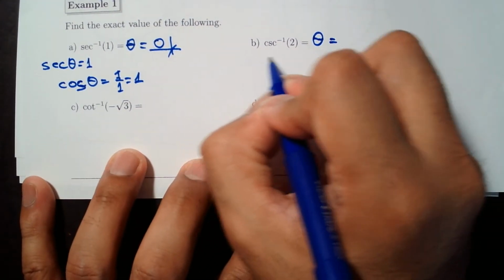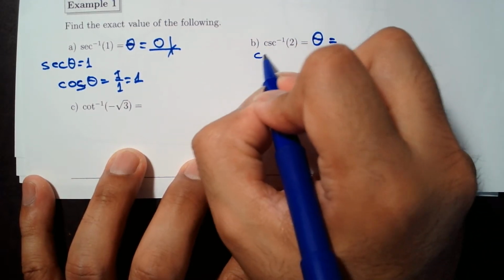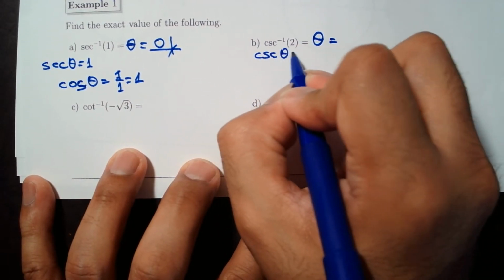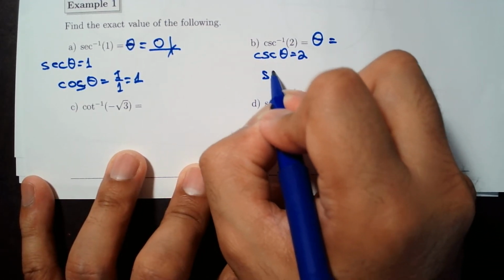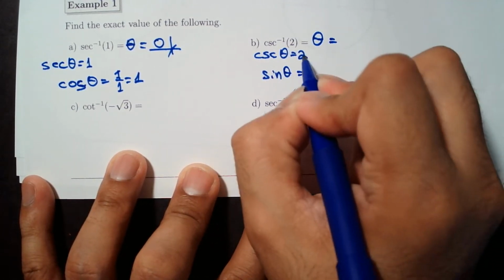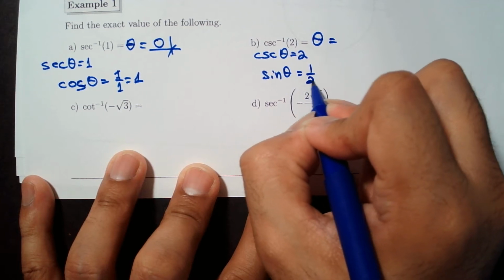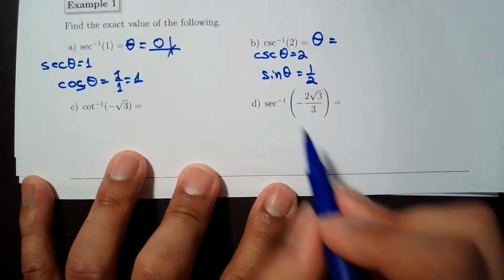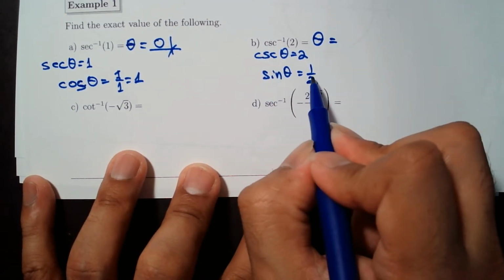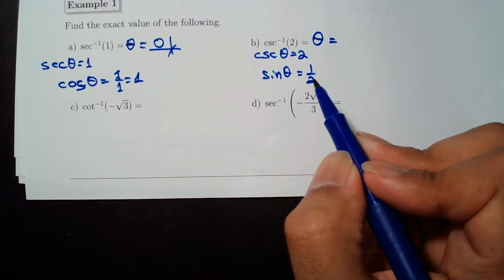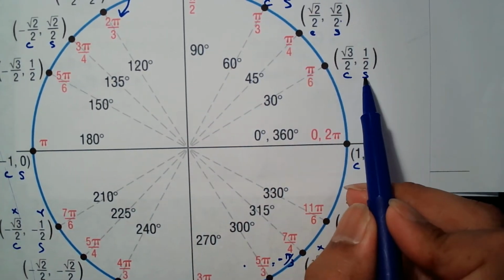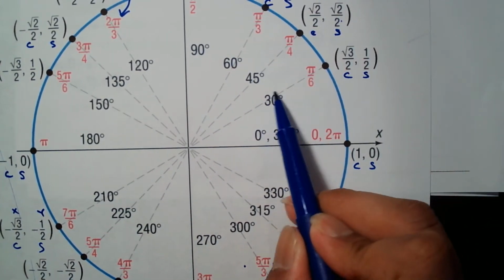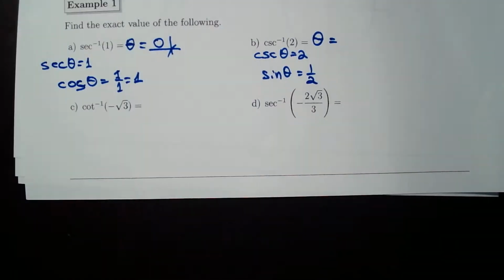So this is the same as saying cosecant of theta equals 2. We change this to the reciprocal, which is sine, so we need to look for the angle whose sine is 1/2. When we look at the unit circle, the angle whose sine is 1/2 is no other than 30 degrees or pi/6.